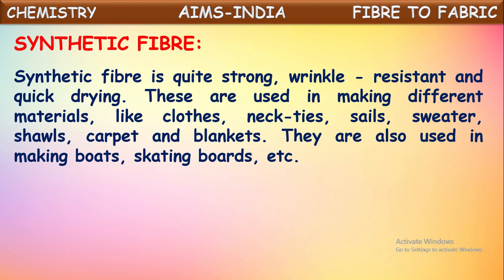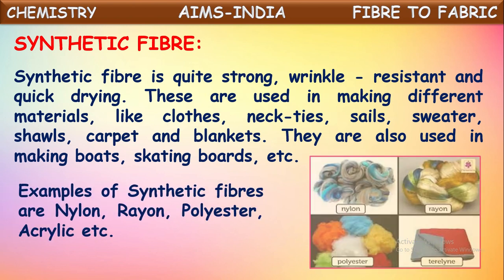They are also used in making boats, skating boards, etc. Examples for the synthetic fibers are nylon, rayon, polyester, terylene, acrylic. These all come under synthetic fibers because these are made from chemicals in the laboratory instead of from the natural resources. So these are called synthetic fibers.